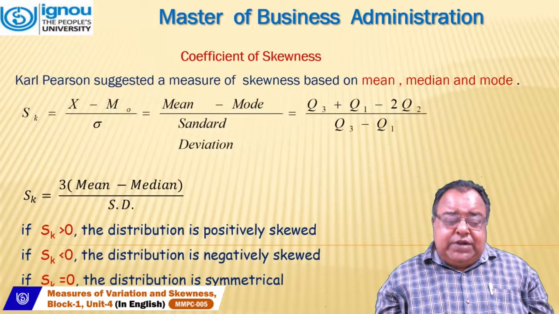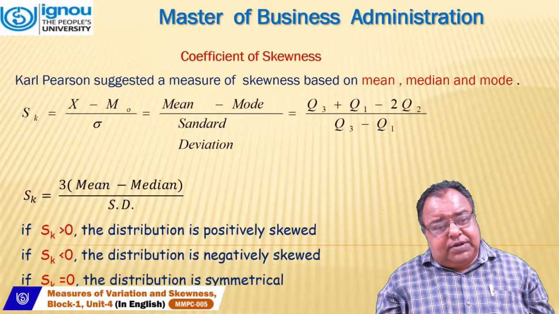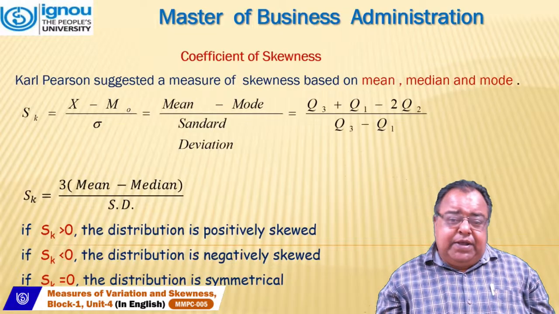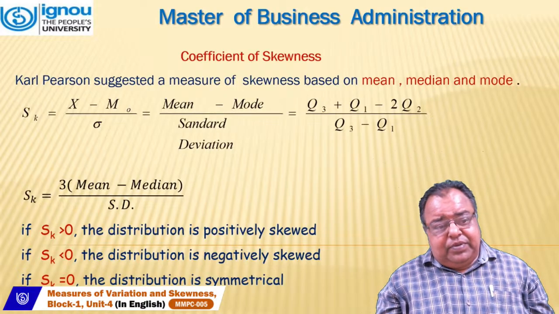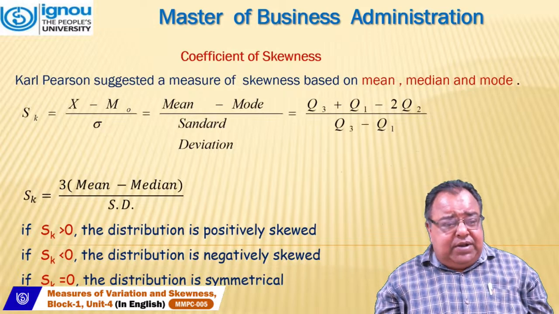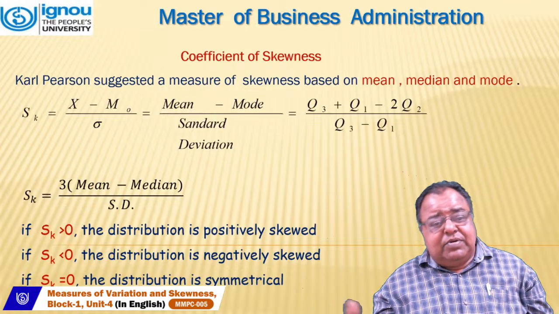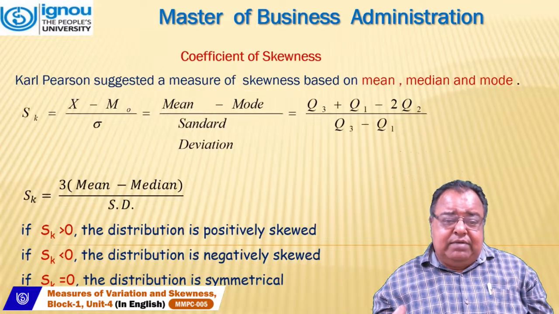Now, what is the coefficient of skewness? This was proposed by Karl Pearson, and it is based on mean, median and mode. The coefficient of skewness is denoted by Sk, which is equal to mean minus mode upon standard deviation.